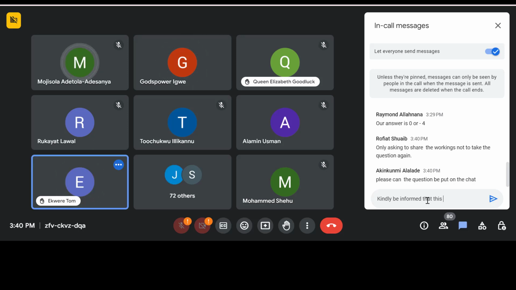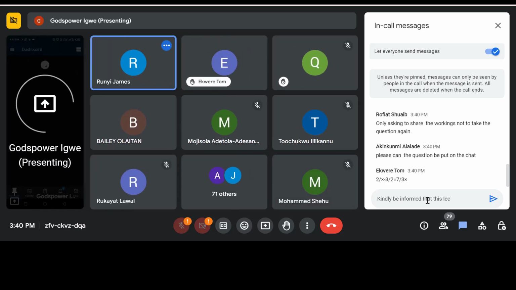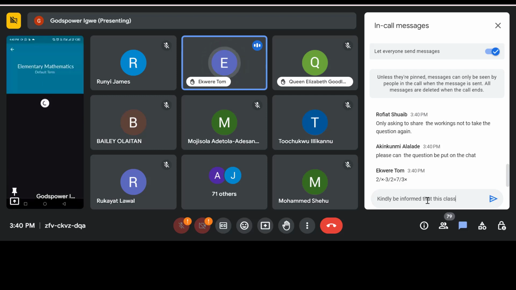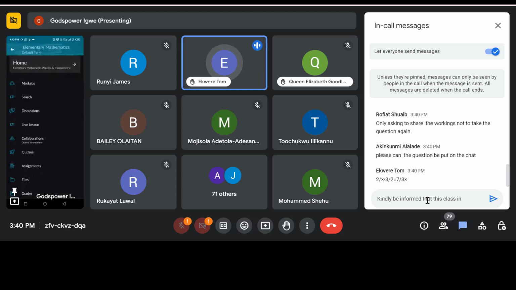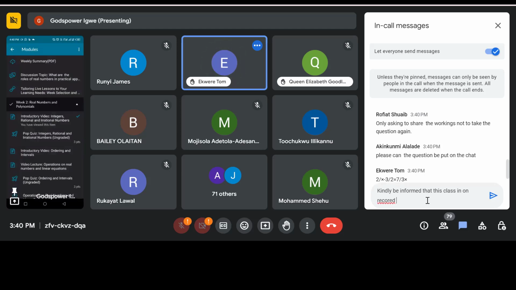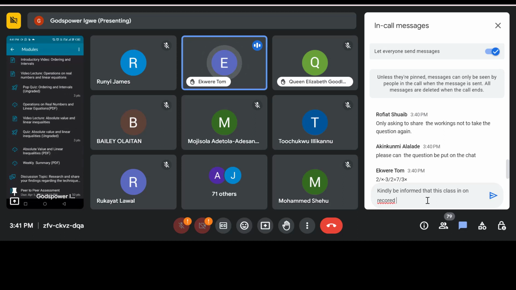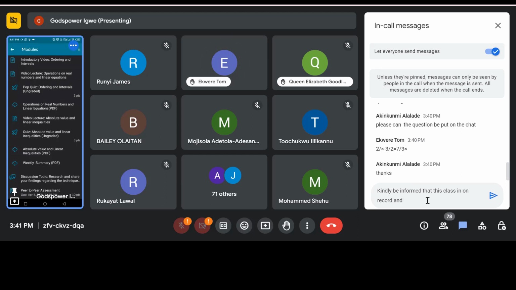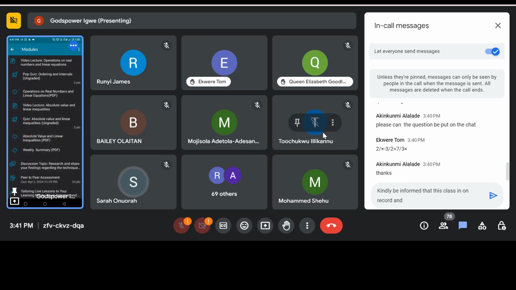Yes, we can see your screen. We've done operations on real numbers. Somebody's mic is still on.